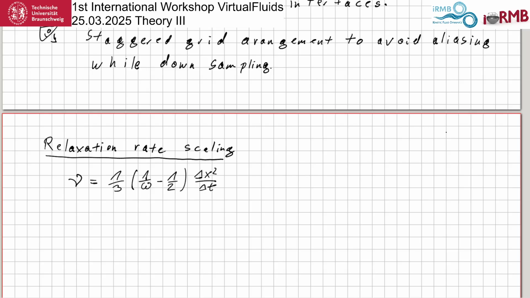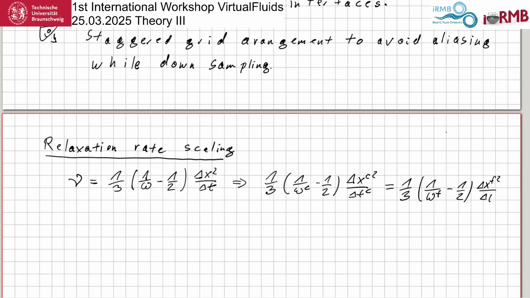So this is the physical viscosity. Obviously this implies that 1/3 times 1 over omega on the coarse grid minus 1/2, delta x on the coarse grid squared by delta t on the coarse grid, needs to be the same. The viscosity needs to be the same in the entire domain: 1 over omega f on the fine grid minus 1/2, delta x on the fine grid squared divided by delta t on the fine grid.